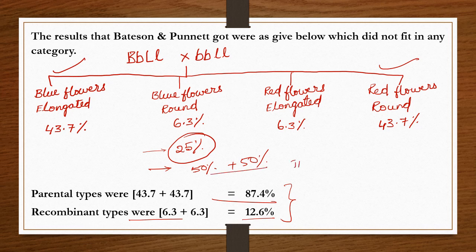But the result got by Bateson and Punnett does not belong to either. In linkage, both together make 100%, 50 plus 50. But in the Bateson and Punnett result, the two parental types are only 87.4%, not 100%, and recombinant types occur at 12.6%. In the first category, recombinants are 25%, but here only 12.6%.